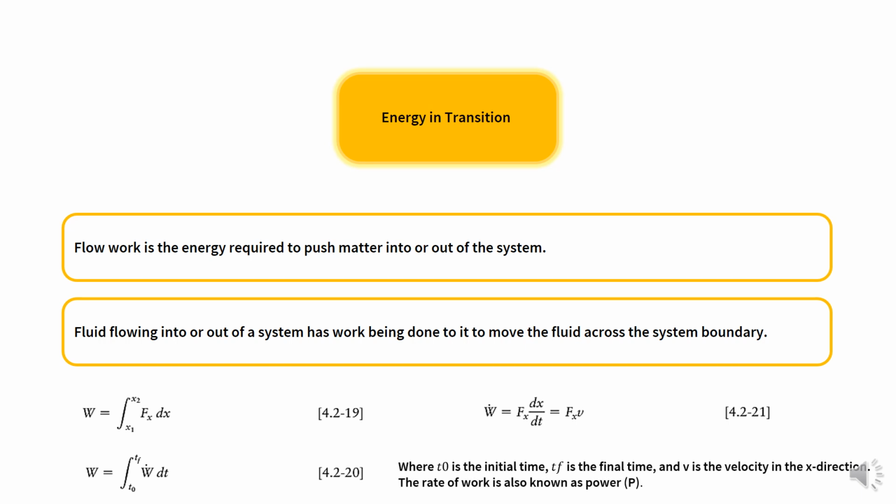And also, we can calculate in terms of the rate, and for the differential form we can write the following equation, where t0 is the initial time, tf is the final time, and v is the velocity in the x direction. The rate of work is also known as power.